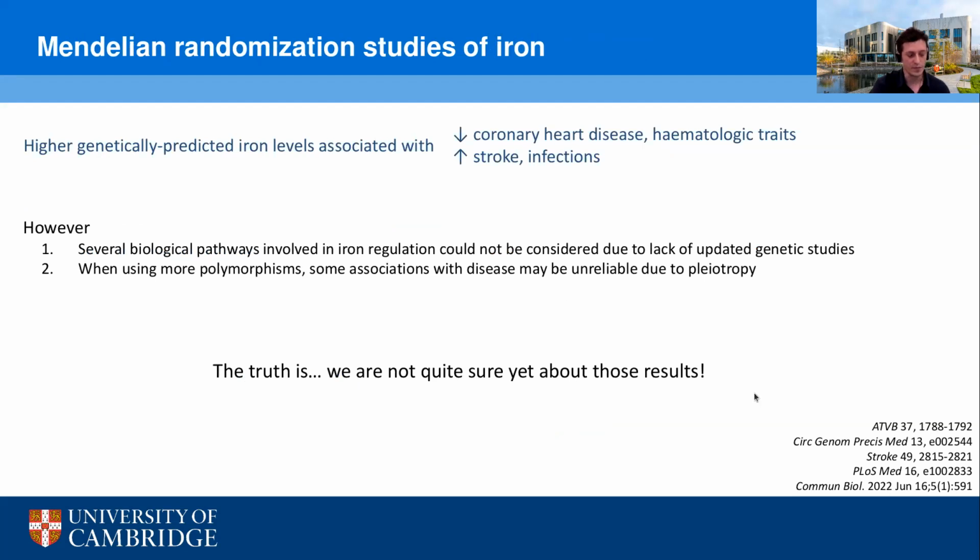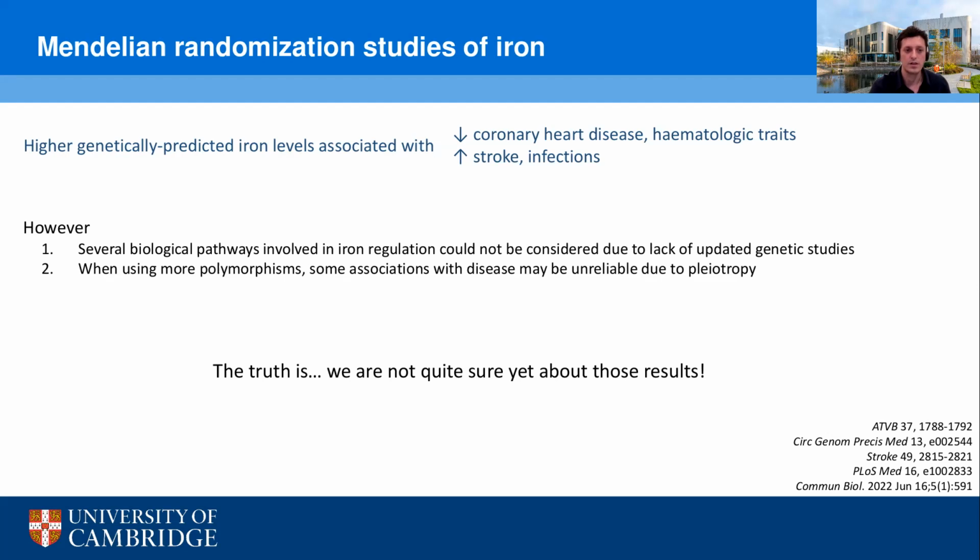At the moment, in a very short summary, we have some studies showing that genetically predicted iron levels are associated with lower risk of coronary heart disease and hematologic traits such as anemia, and higher risk of stroke and infection. However, these studies have some limitations.